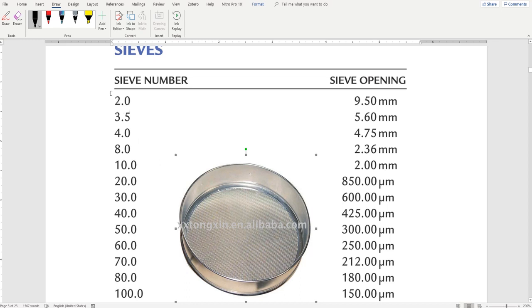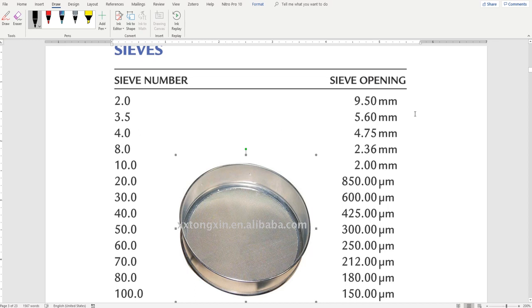So when we say sieve number 2, this means the aperture size is 9.5 millimeter each opening. When we say sieve number 3.5, this means each square opening size is 5.6.